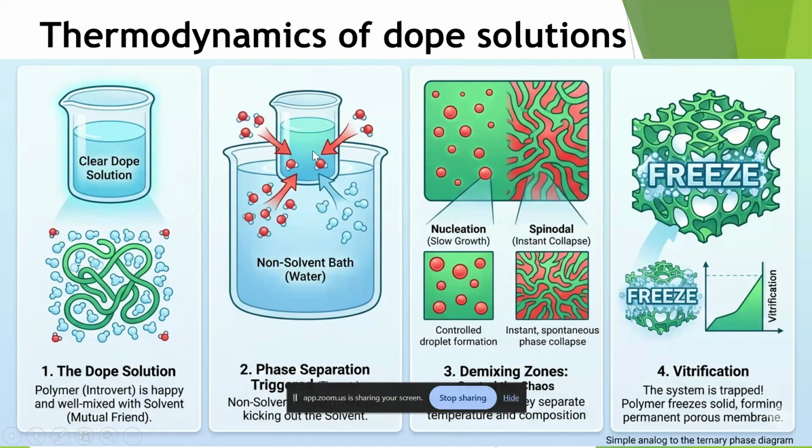The phase separation of the polymer will happen. The solvent which we are using, the NMP or DMAc or whatever, will go out and the water will enter.